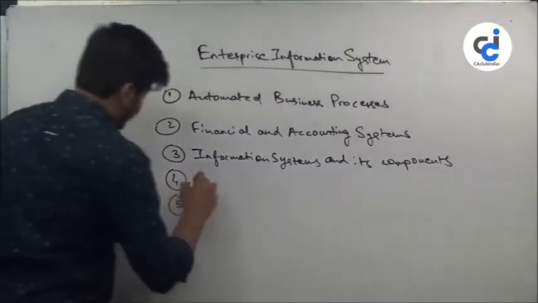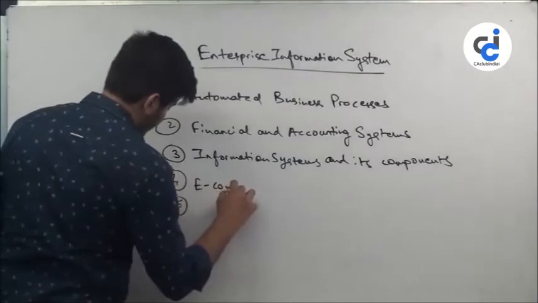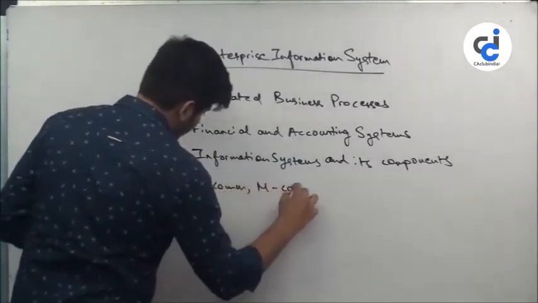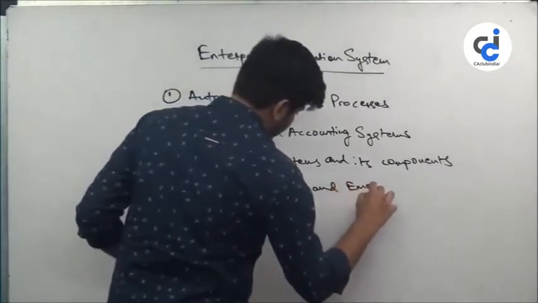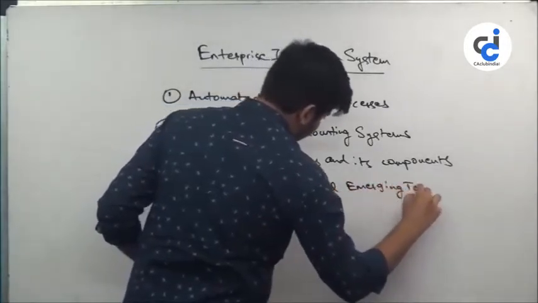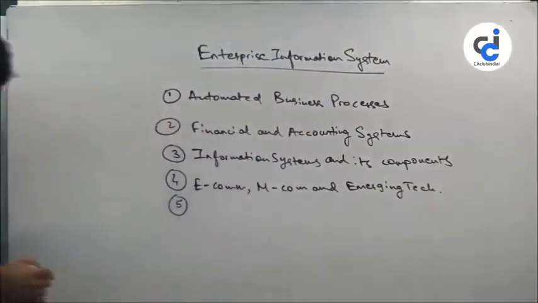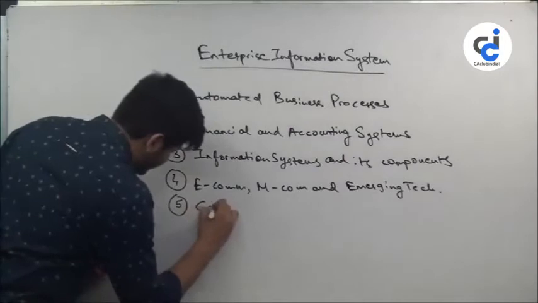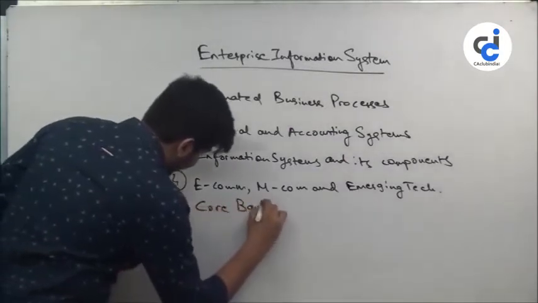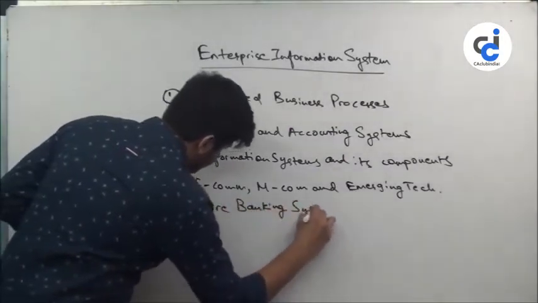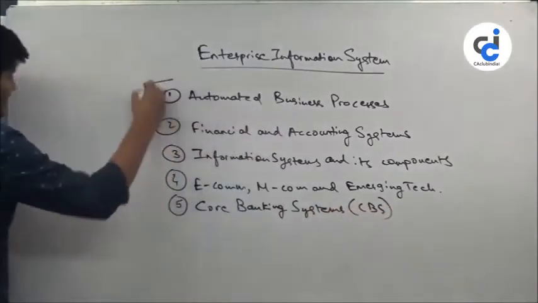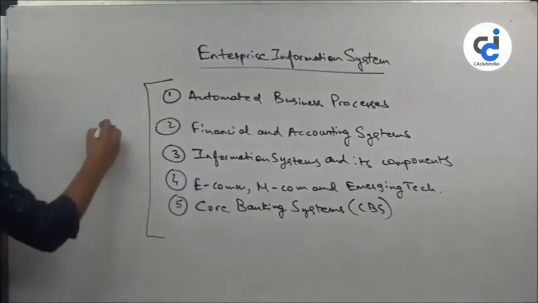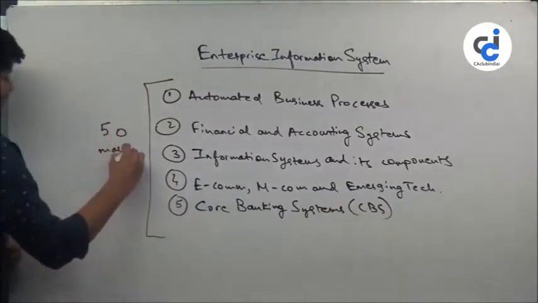Next is pretty easy: e-commerce, m-commerce and emerging technologies. And the last one, which is very much essential also to this syllabus, is core banking systems or CBS. Now these 5 chapters come for a sum total of 50 marks.